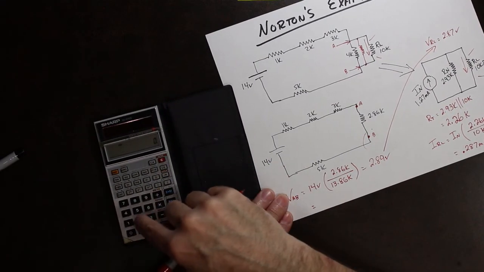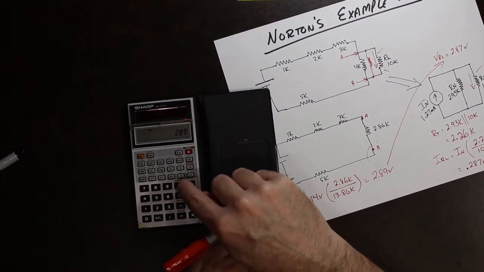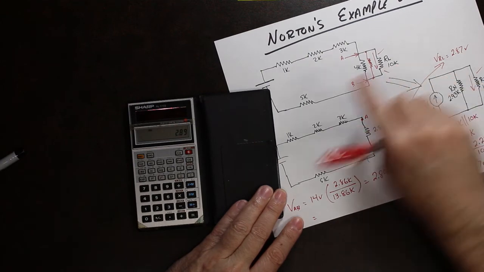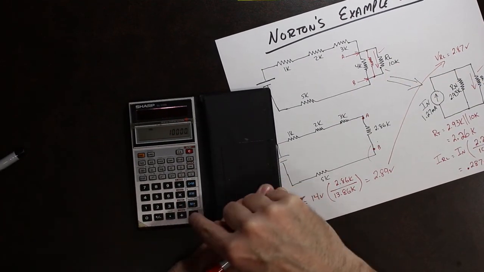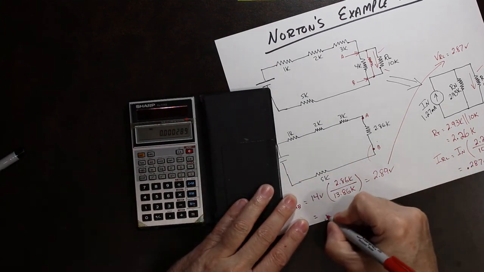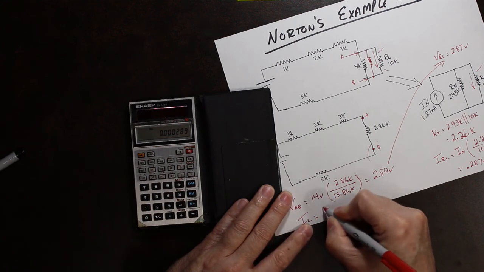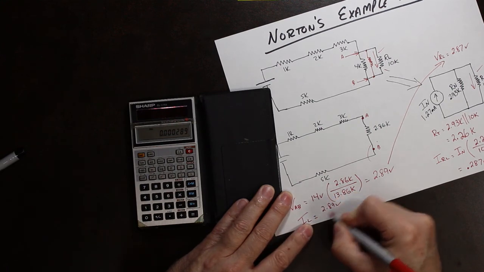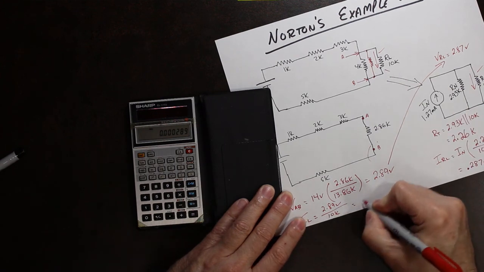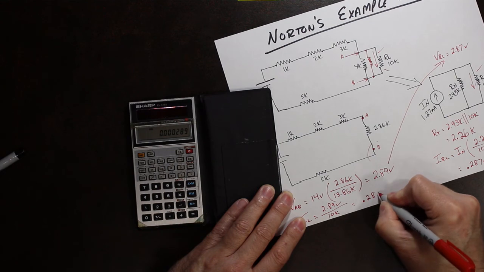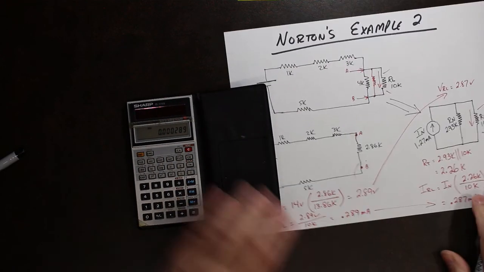We take 2.89 volts and divide it by 10K on the original circuit, and we get for the current, I of the load, 2.89 volts divided by 10K, equals 0.289 milliamps. Look at there.